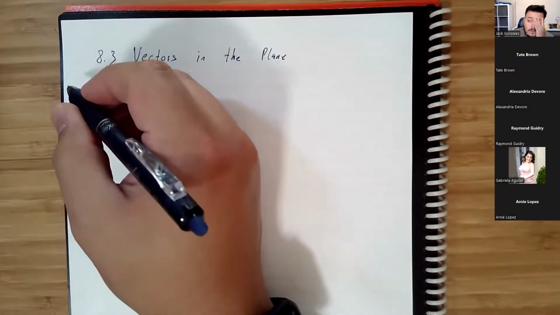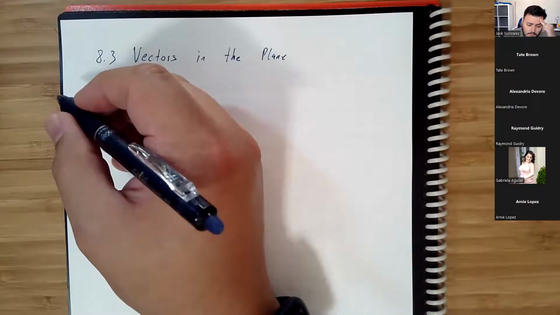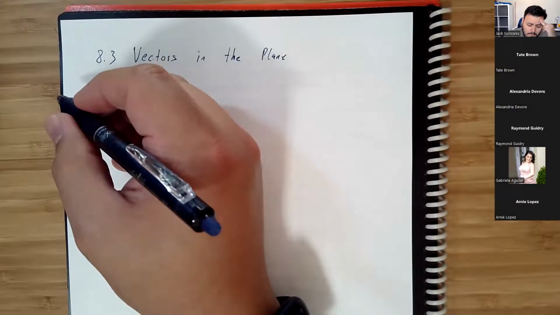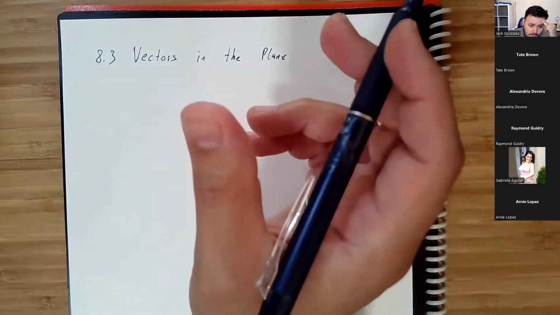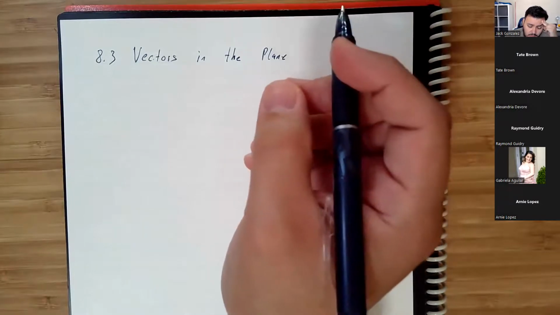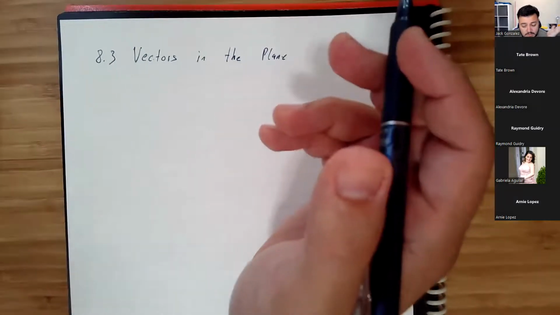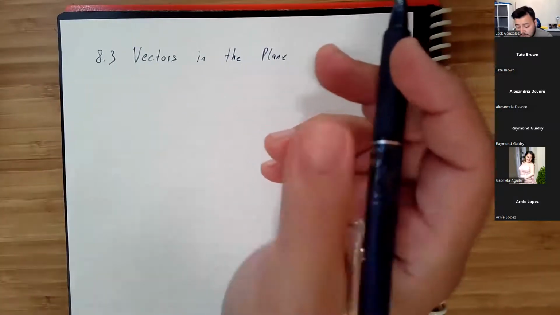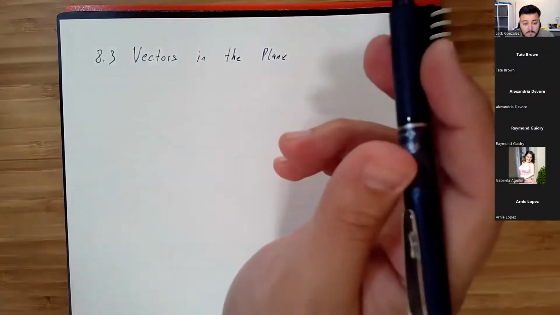So in mathematics, vectors basically look like an arrow, but they have direction and they have a magnitude. They're very generic in mathematics, but in physics and engineering, vectors represent forces of all kinds.